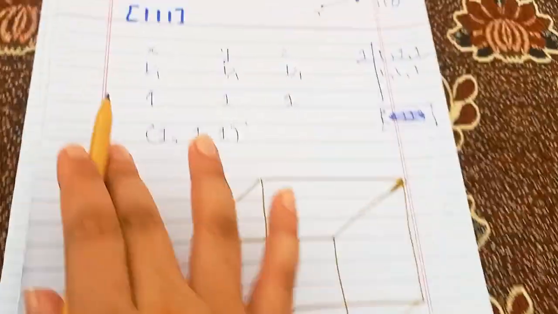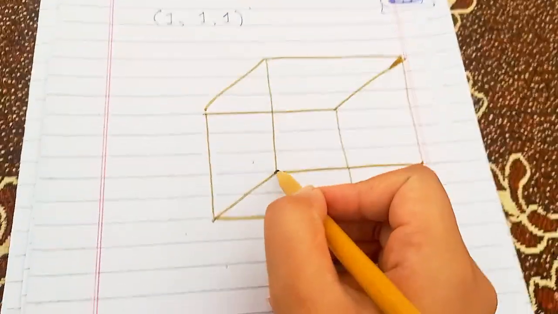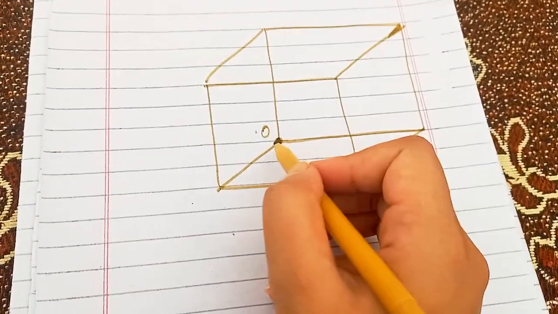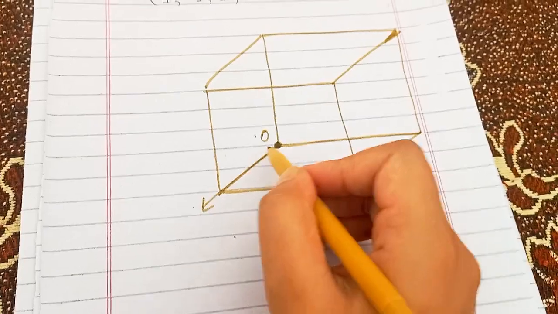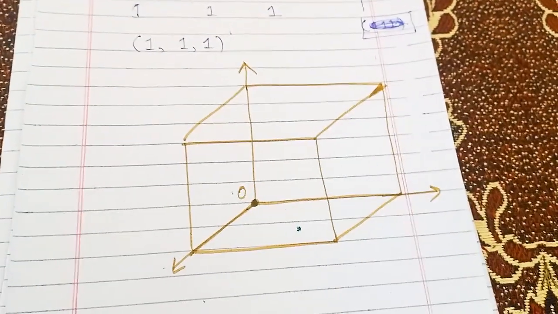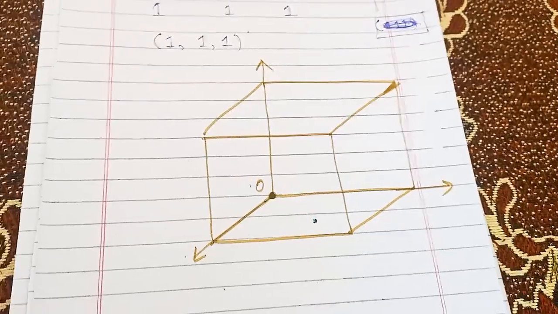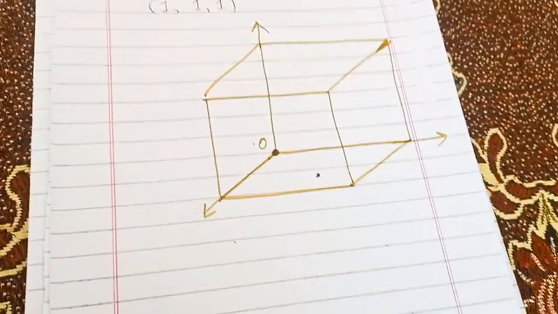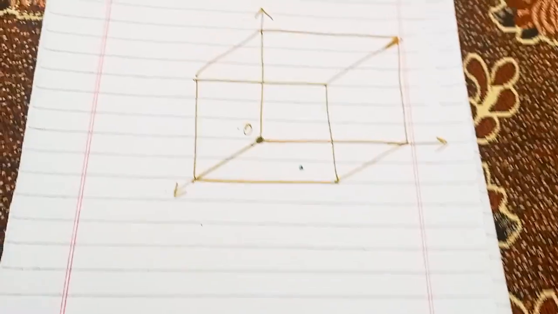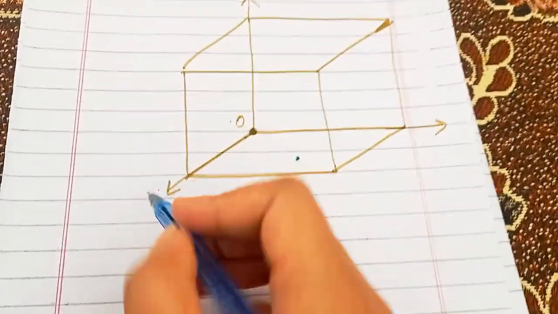Since all of the indices are positive, this point will be taken as origin. If any of the index had been negative, then the origin would need to be shifted. We'll see that later, when we calculate linear density for a direction which has negative Miller indices.